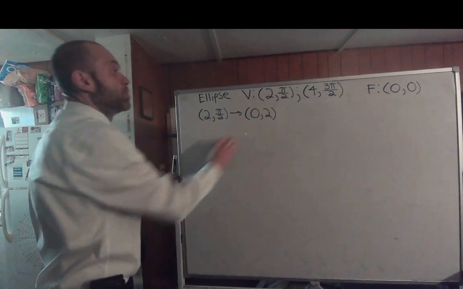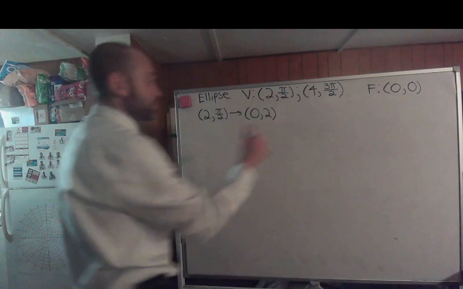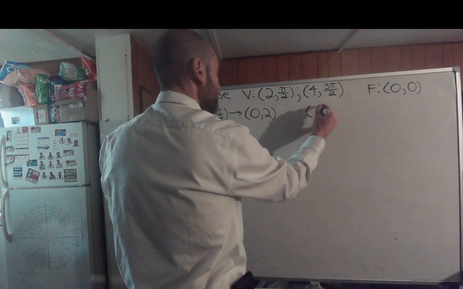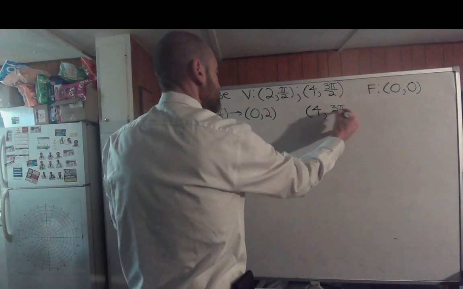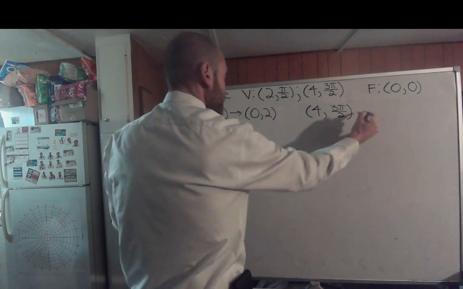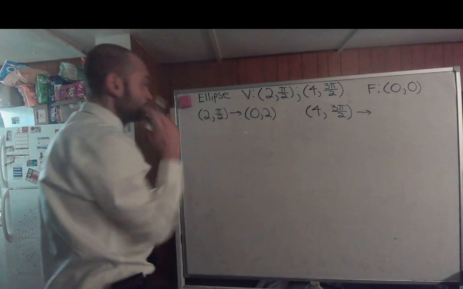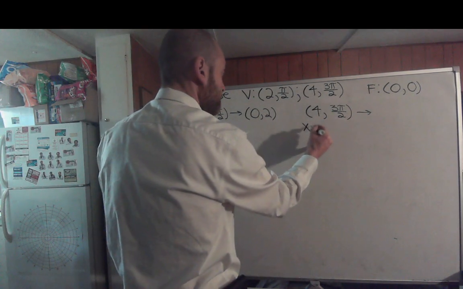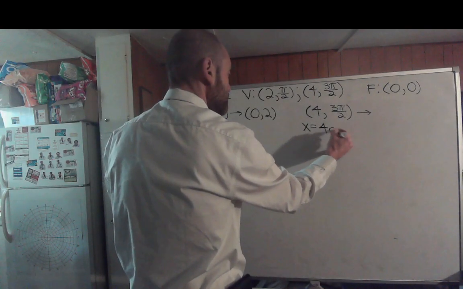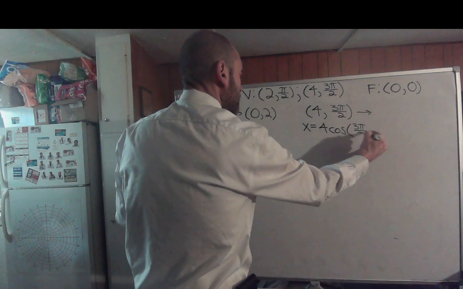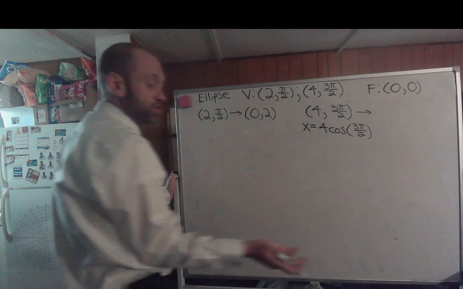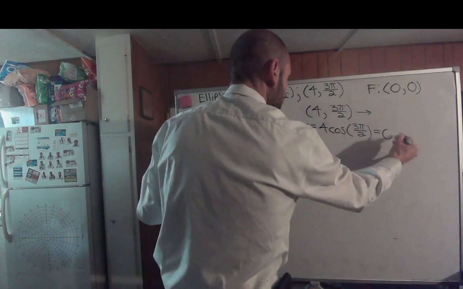Now let's find one for 4, 3 pi over 2. So let's convert that to rectangular. 4, 3 pi over 2 into rectangular form. X equals then 4 times the cosine of 3 pi over 2. Well, the cosine of 3 pi over 2 is 0 times 4 is 0.